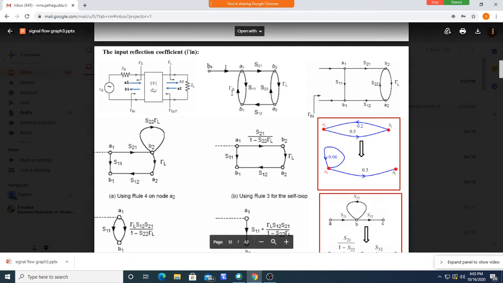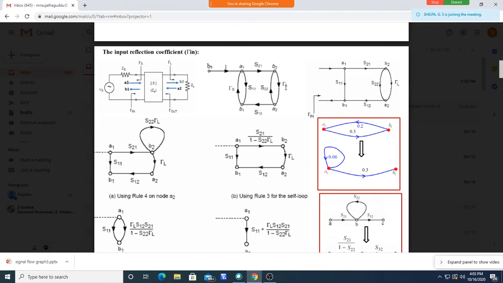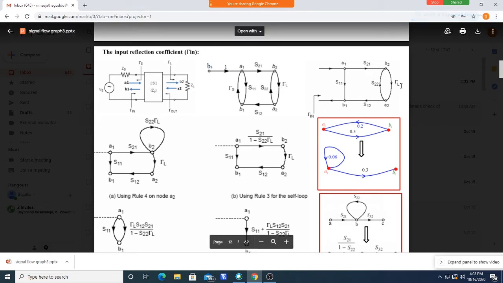You can apply the reduction rules first to the output part, where along with the load we have a reflection coefficient tau L.